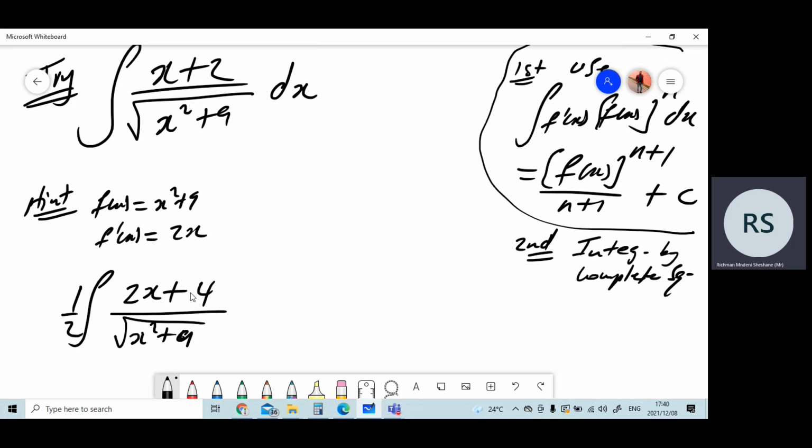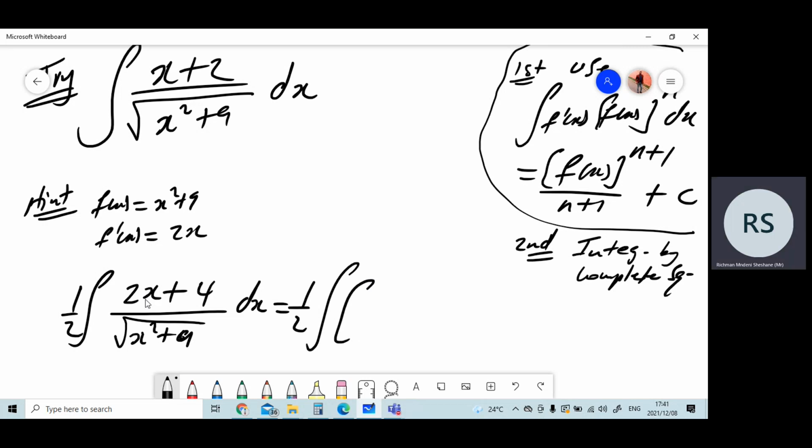And see, if we divide the numerator by 2, we get back this numerator. But the nice thing is we have a term in the numerator which is the derivative of what is under the square root. So once you have a derivative of this function, you're ready to split this into 2.